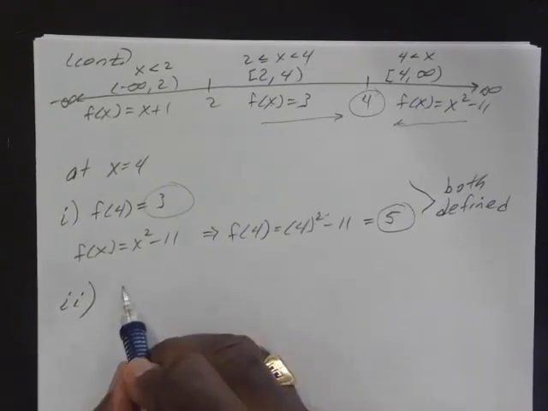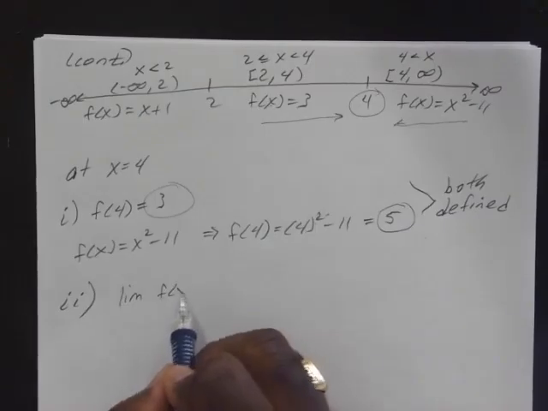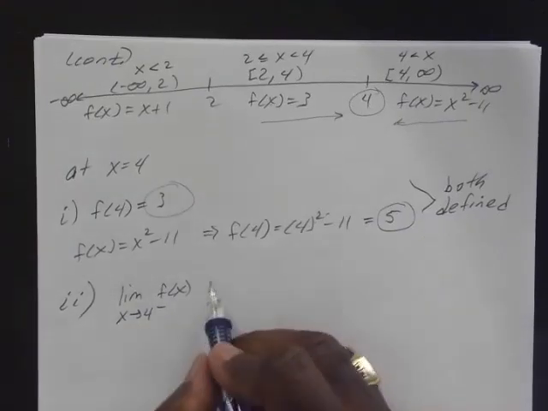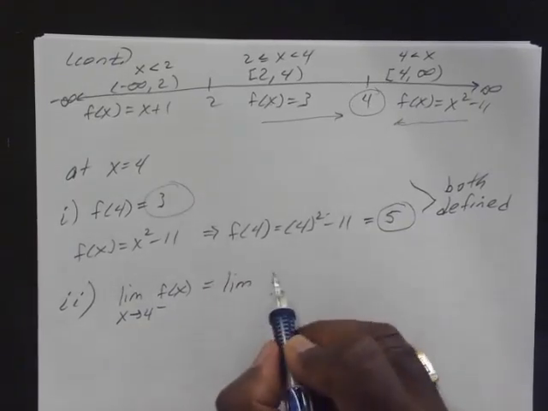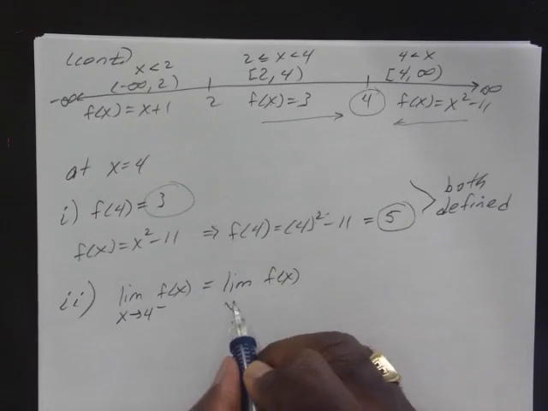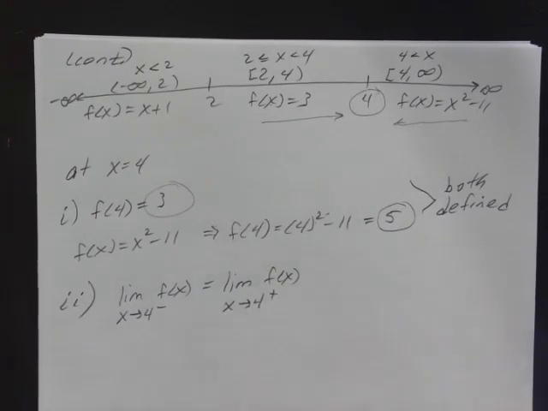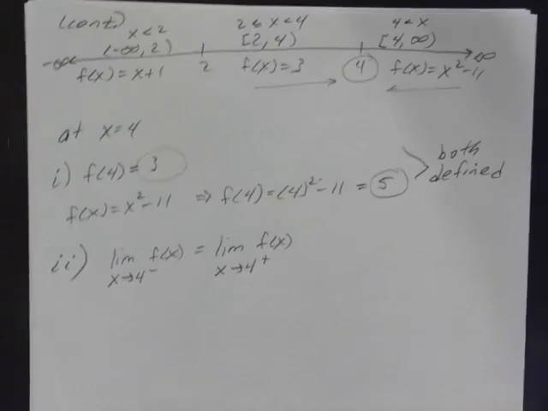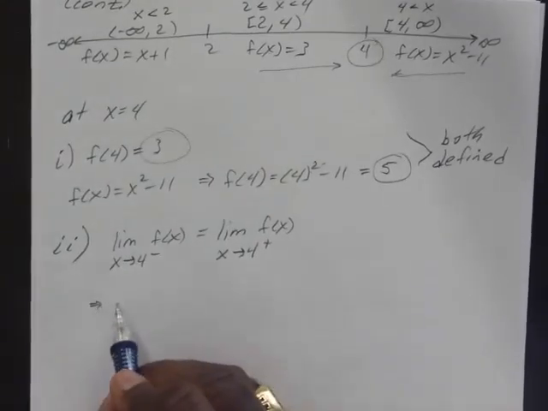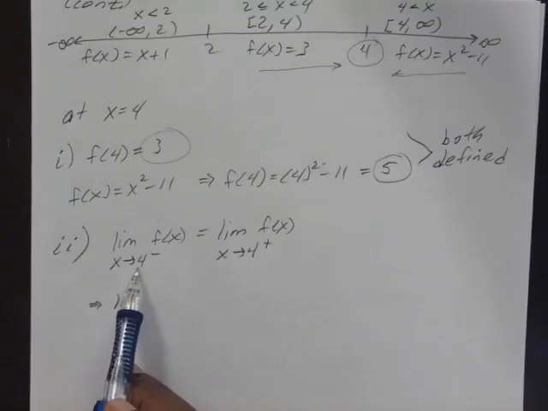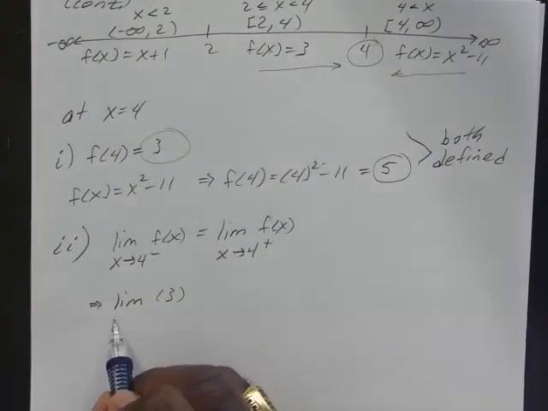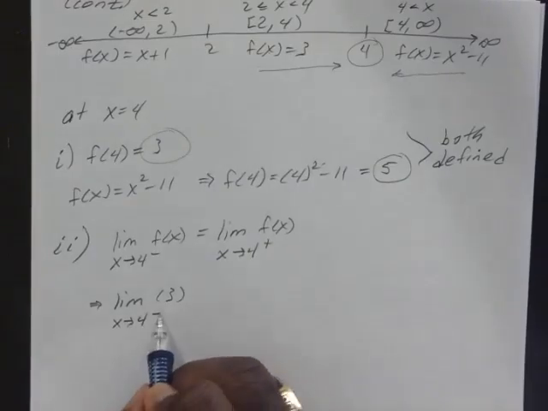Because if we take the limit of f of x as x approaches 4 from the left, and we get that limit of f of x as x approaches 4 from the right, we know they're not going to be equal because we're just going to use direct substitution. Okay, so we have the limit, and you're approaching 4 from the left, your f of x is just 3. So the limit of 3 as x approaches 4 from the left.